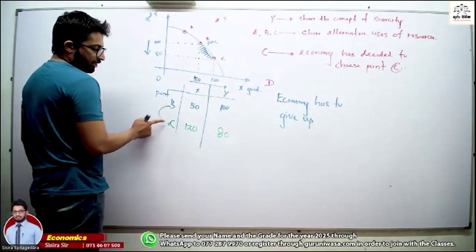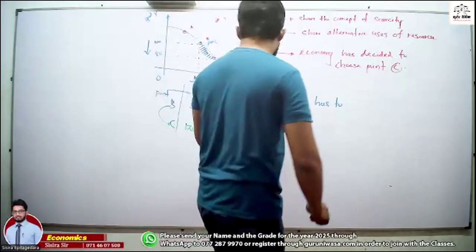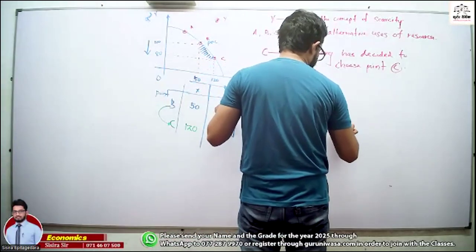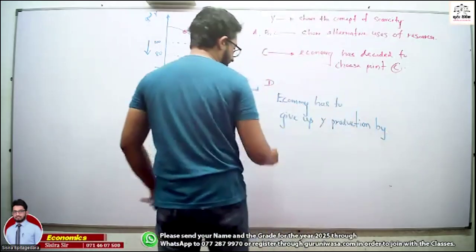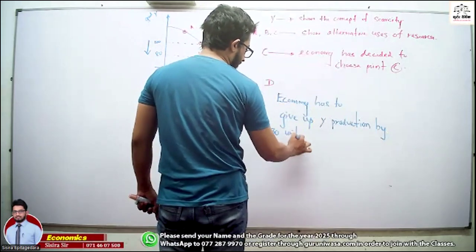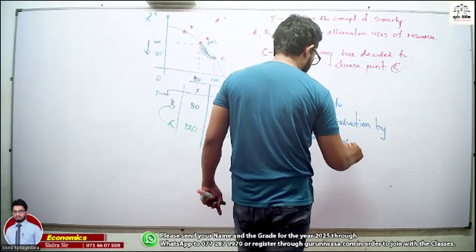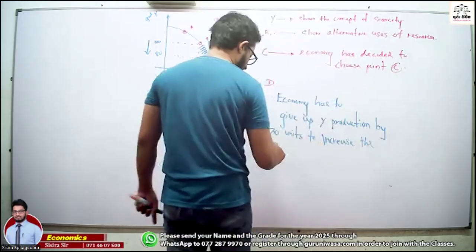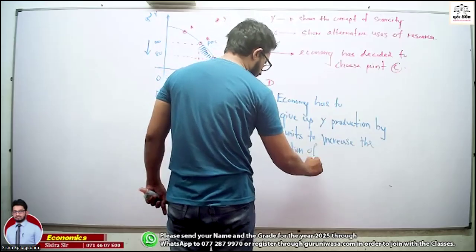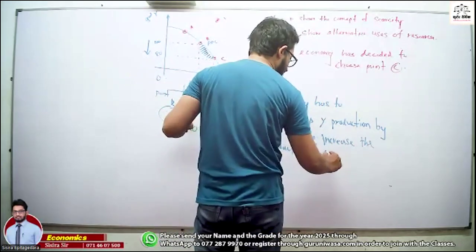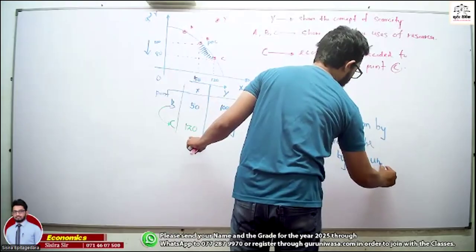When moving from B to C, the economy has to give up or reduce Y production by 20 units, 20 units, to increase the production of X by how many units? 70 units.